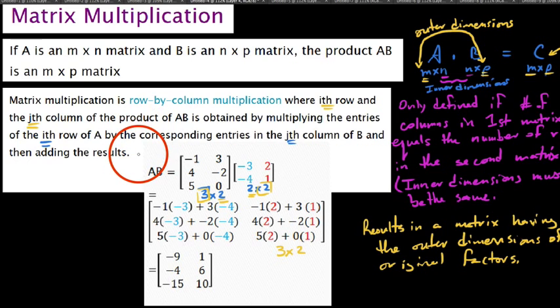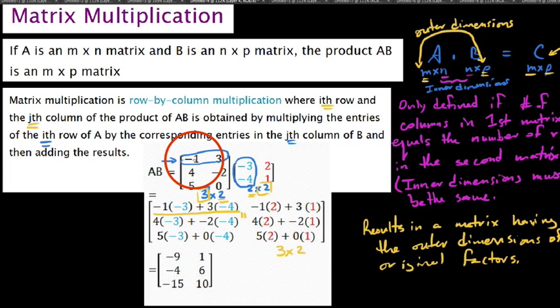If I wanted to find my new entry in the first row, first column, I would take the first row of the first matrix times the first column of the second matrix, and this is where you see this row by column thing pop up.